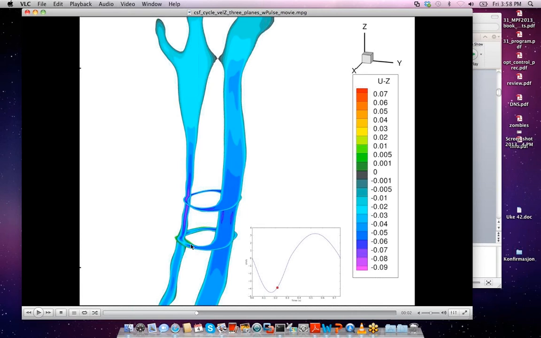Not really, no. The region where the measurements were made, not where your model. Yeah, okay. The measurements here.